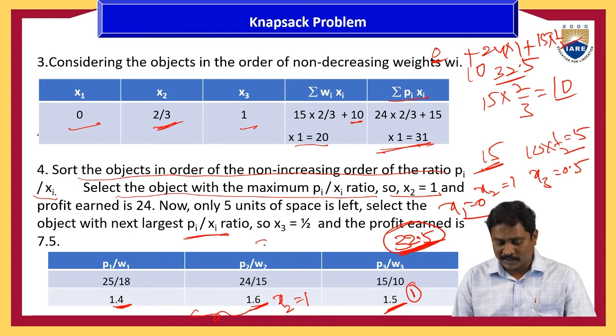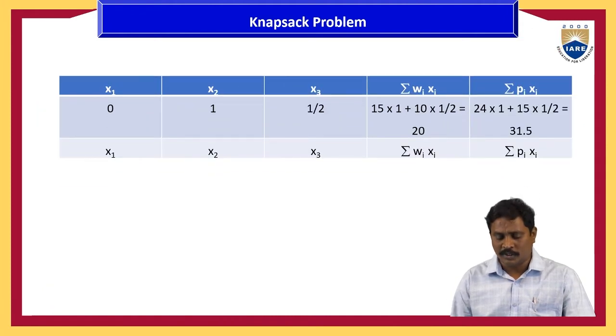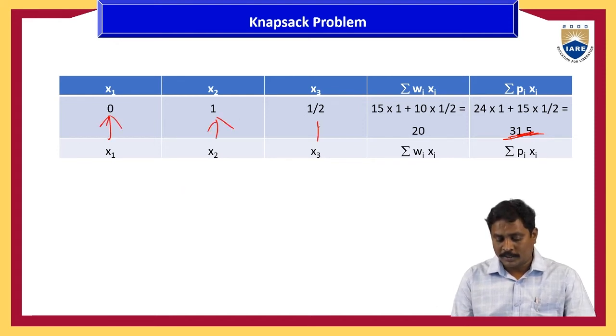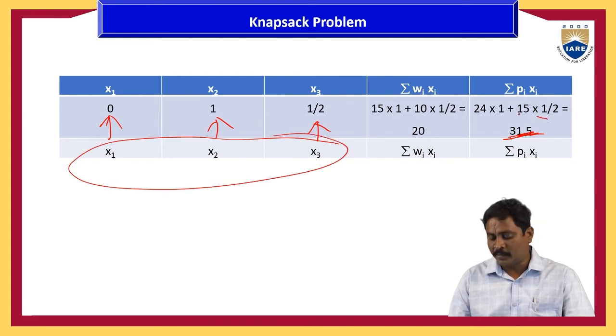The solution set is x1 equal to 0, x2 equal to 1, x3 equal to 1 by 2. This is the optimum solution, and the maximum profit value is 31.5.